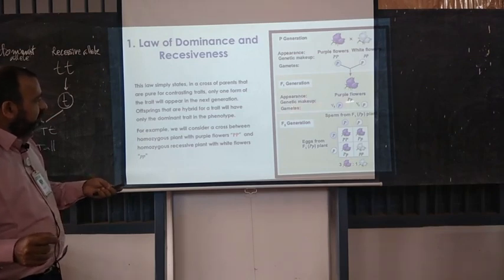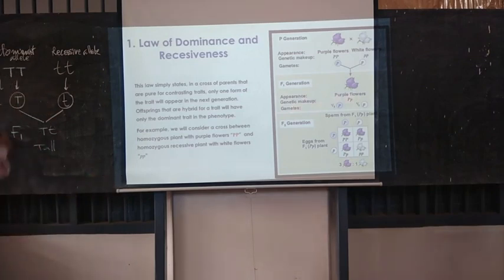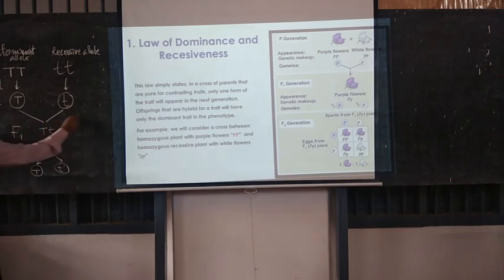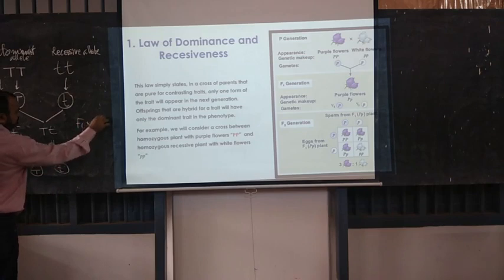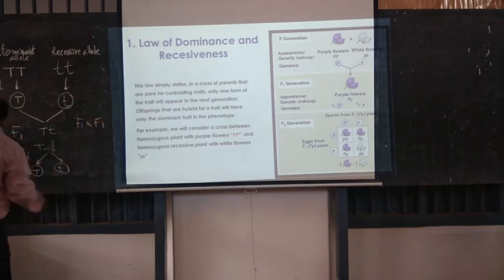Coming to the next generation, again this will undergo gametogenesis and form capital P and small p gametes. If we make a cross between two F1, that is F1 into F1, it will be somewhat like this.